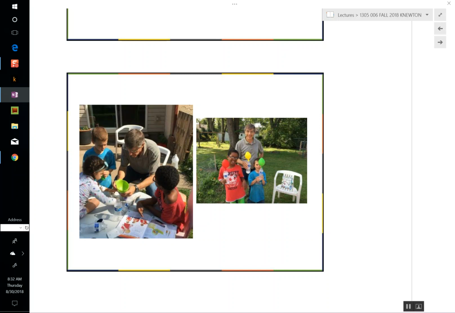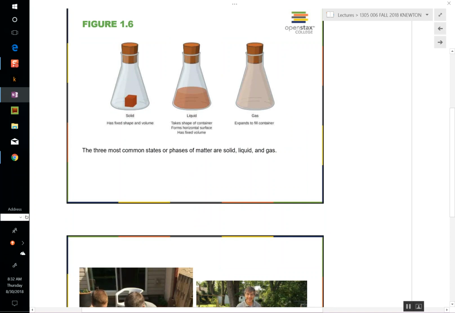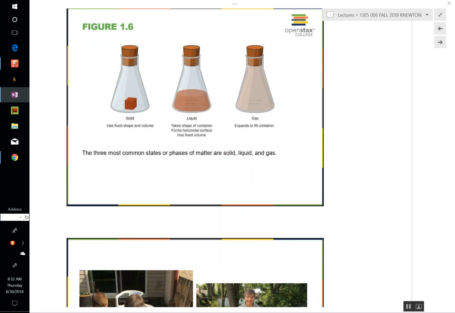We might come back to do it, but eventually you'll be able to write the chemical equation for that. What is the gas? How to balance it? Do all kinds of things with it. But just to demonstrate the gases, liquids, and solids. And you can change that. So we started out with a liquid and a solid.